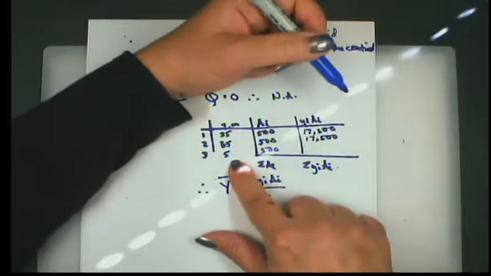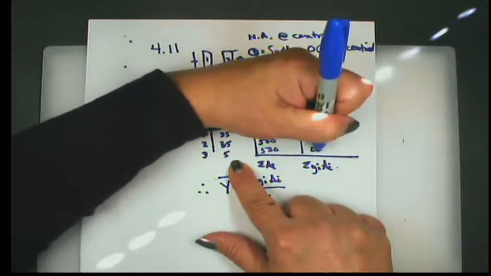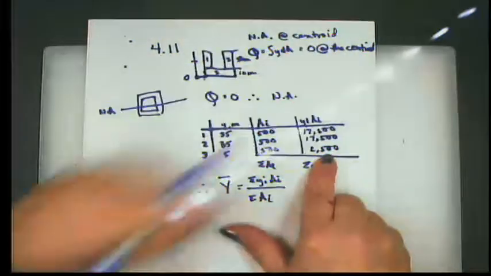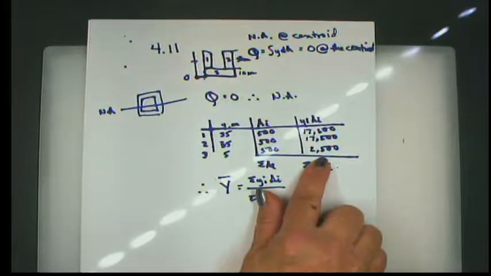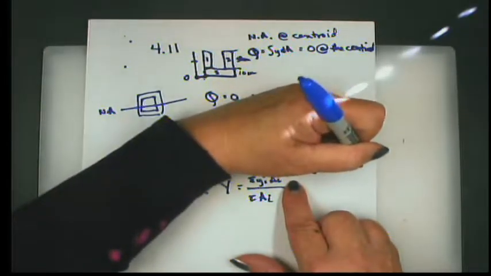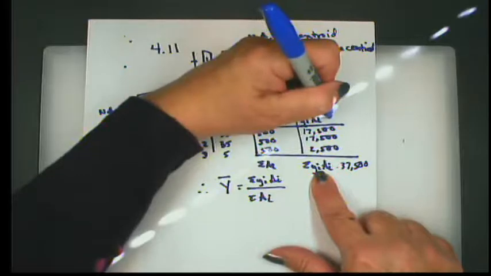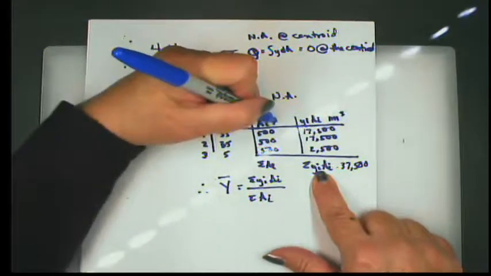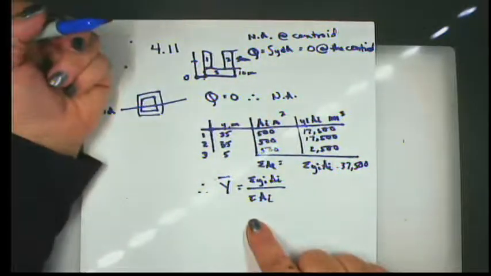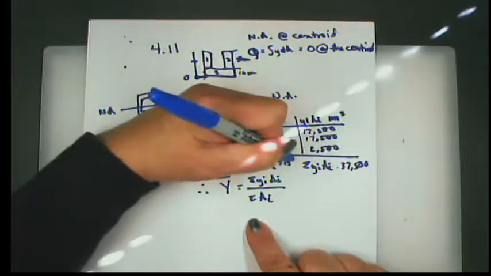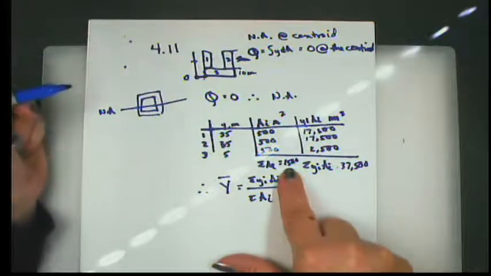And then 500 times 5 is 2,500. So I add those three numbers together and I get 37,500. And you can see this is going to be in millimeters to the third. When I add my areas together, I get 500 plus 500 plus 500, which is 1,500 millimeters squared.